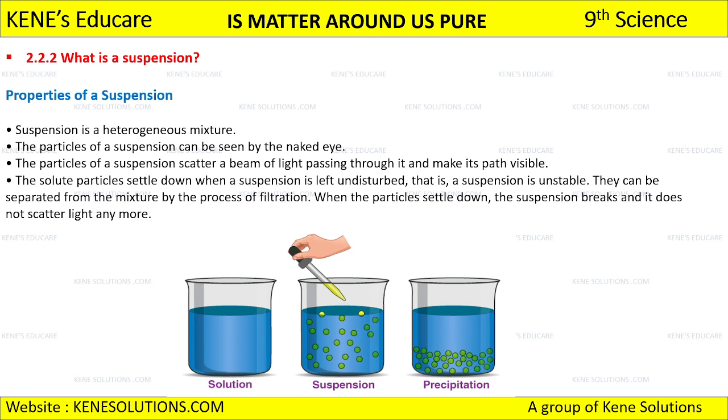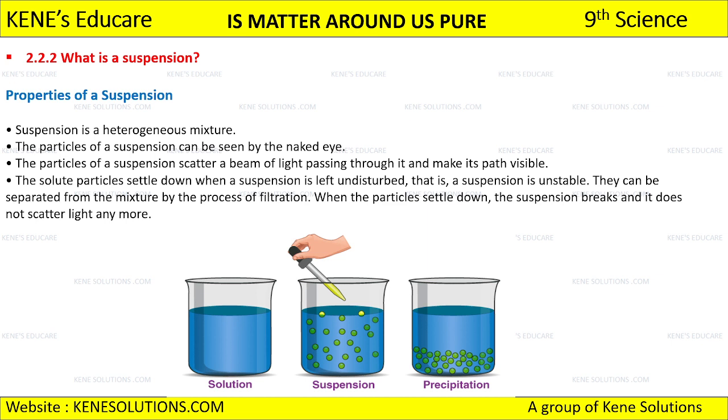Okay, so this is what they have given us as the properties of suspensions: the particles of suspensions will be visible by our naked eye. Okay, they are going to scatter a beam of light, because of which the path will become visible. Then the solute particles will settle down when the suspension is left undisturbed.